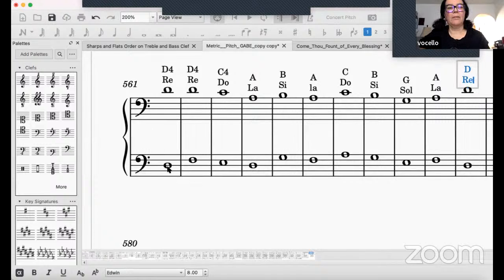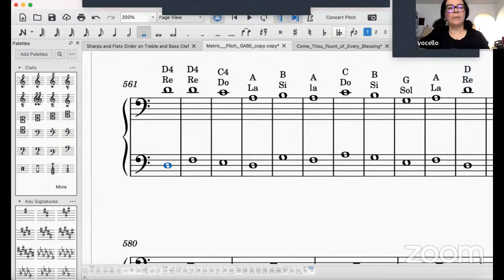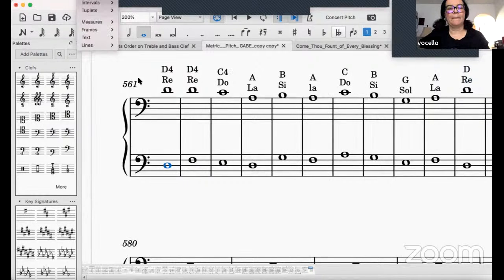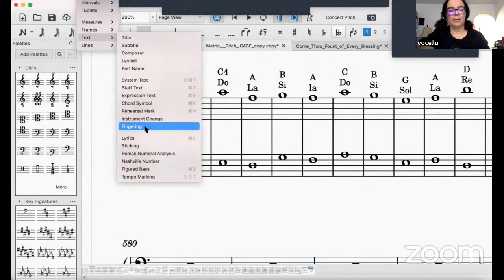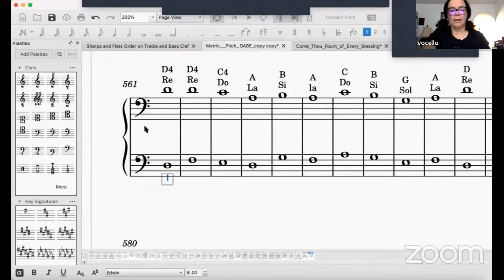That's on the bass clef, on the second bass clef. D or Ré.